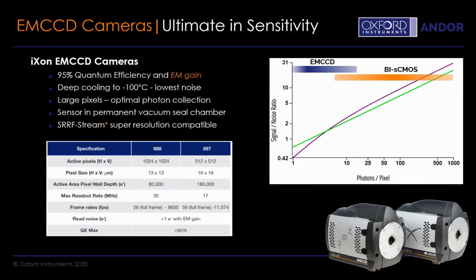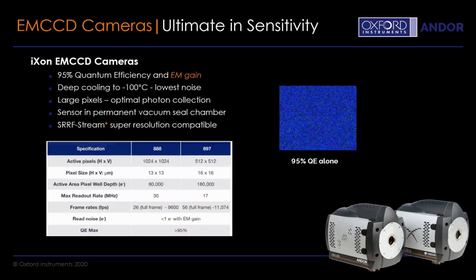So since back-illuminated sCMOS cameras have been around for a couple of years now, people have made different comparisons of the sensitivity of the different cameras, and EMCCD cameras still remain the ultimate in sensitivity compared to any back-illuminated sCMOS camera, and that can easily be demonstrated.